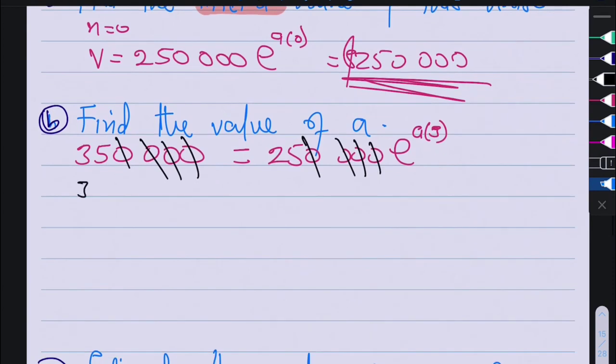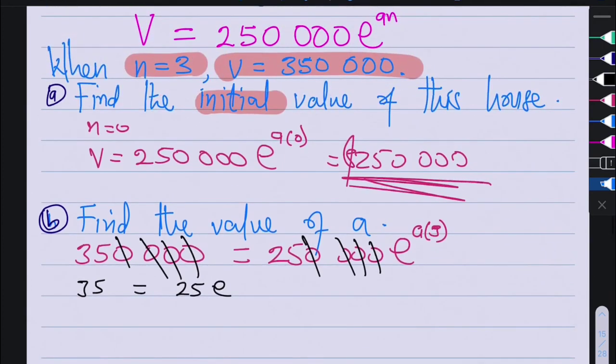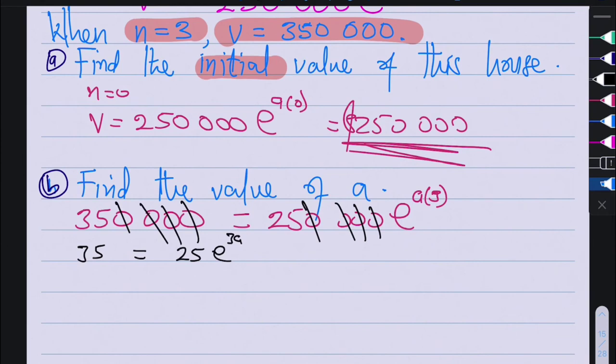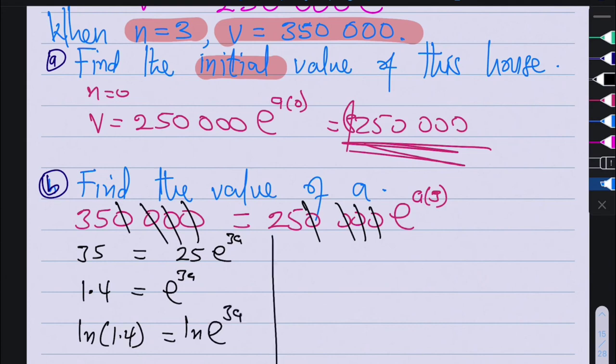So now we have 35 is equal to 25 e to the power 3a. Okay, divide both sides by 25. So 35 divided by 25 will give us 1.4. So 1.4 is equal to e to the power 3a. Take the ln of both sides. So you have ln 1.4 is equal to ln e to the power 3a.